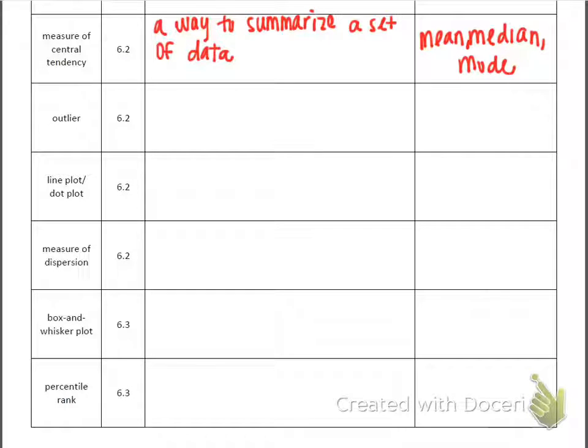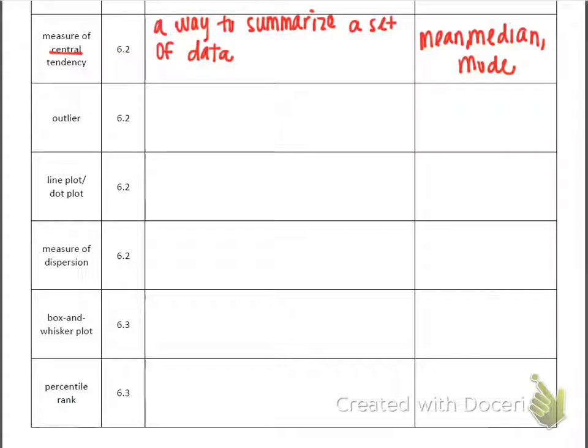Those are your measures of central tendency. Central tendency means like the center of the data. So mean, median, and mode all talk about the center of the data. Okay, so where is the central area? And we'll talk about when using one is better than the other, and so on.